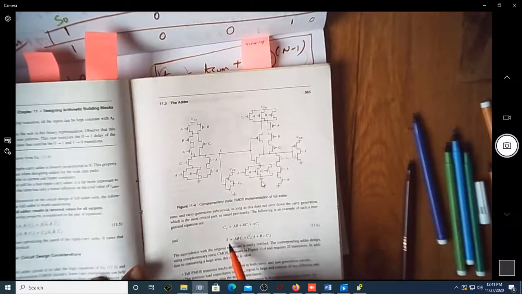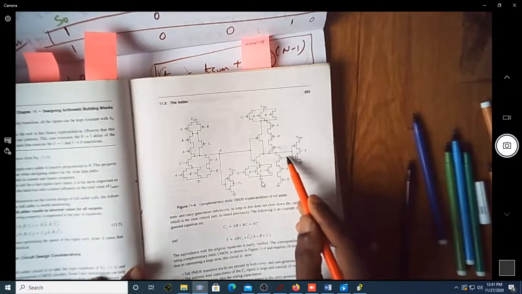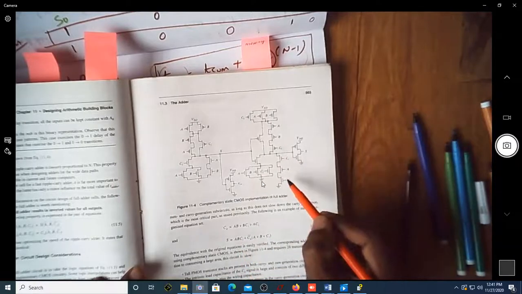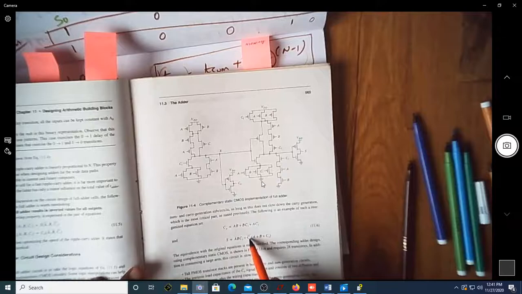Now you can see how the sum is implemented. Sum is implemented with A, B, Cin. This portion, A, B, Cin, is implemented over here. This is A B Cin plus C0 bar into (A plus B plus Cin).